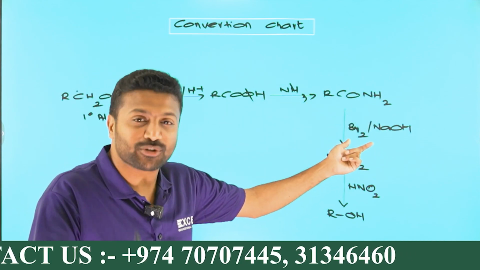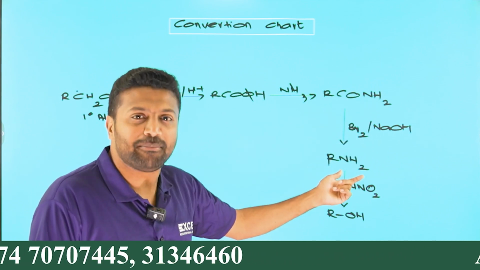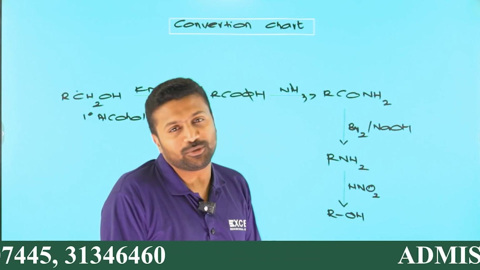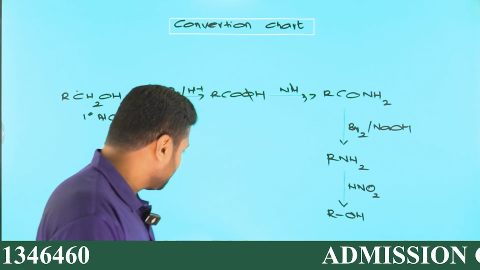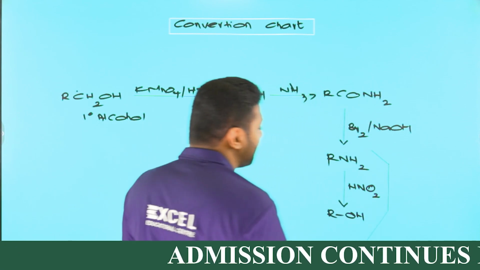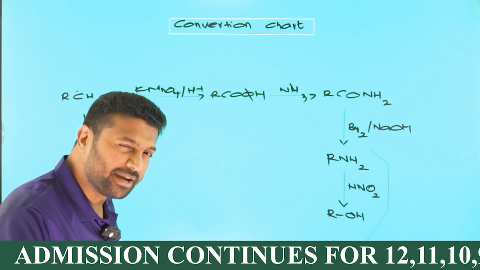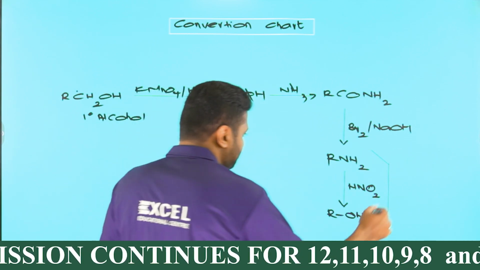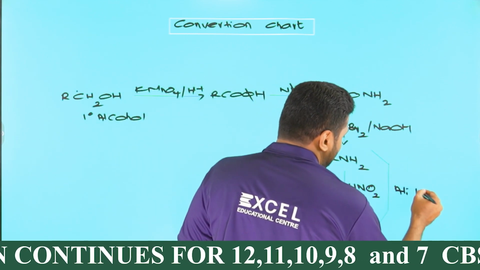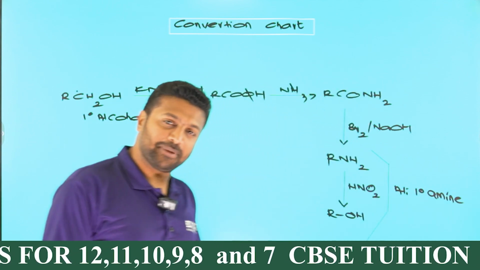Bromine and NaOH is called the Hofmann bromamide reaction, giving you primary amine. Primary amine with HNO2 gives ROH. But, you know, this RNH2 giving ROH is applicable exclusively for aliphatic primary amines.